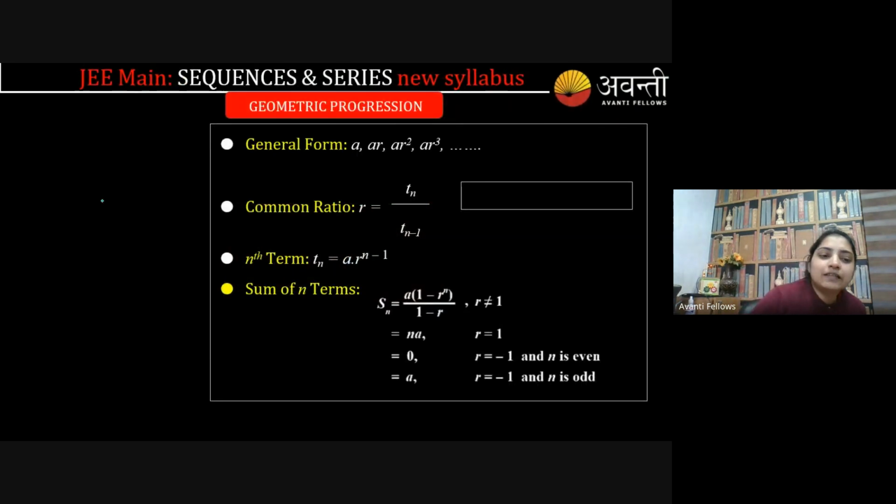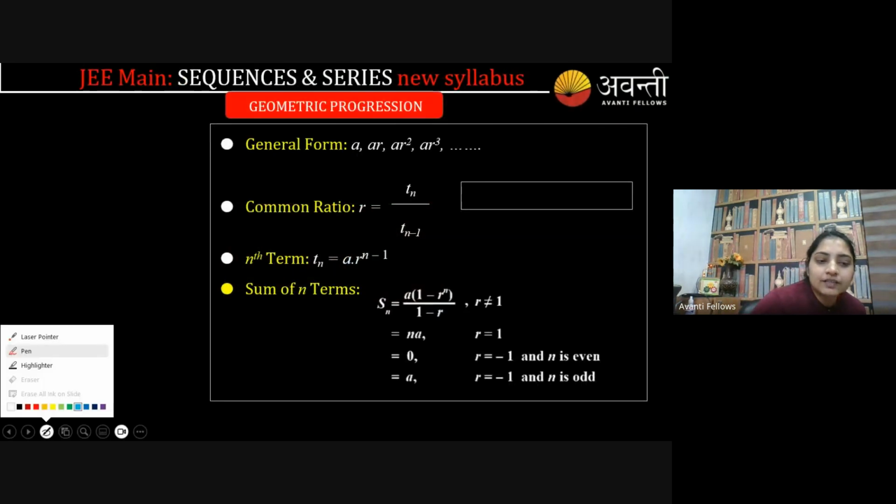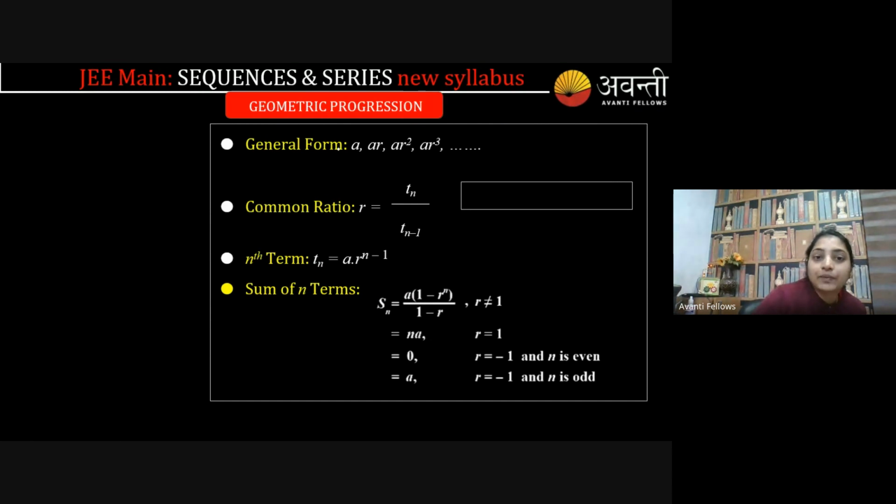We will study it in the same way as we have done in AP. First we will start with the general term. The terms are in GP when they are multiplied by a fixed number. When we talked about AP, when the difference of two consecutive terms is the same in the entire sequence, that is called arithmetic progression, right?